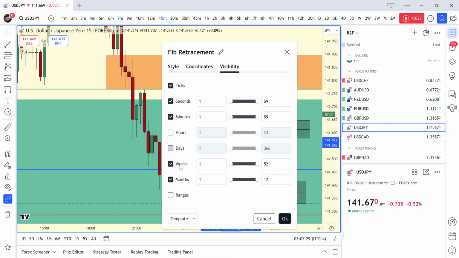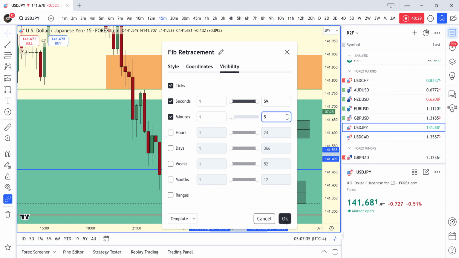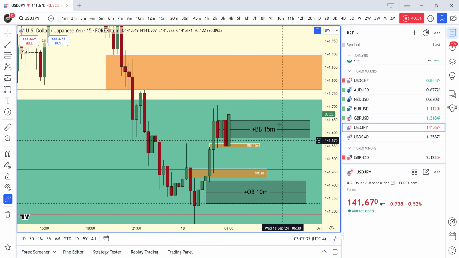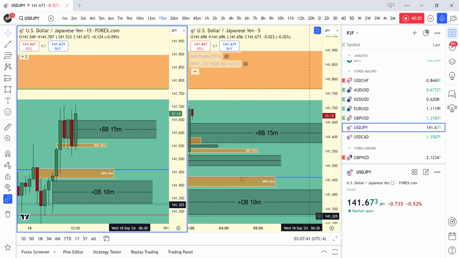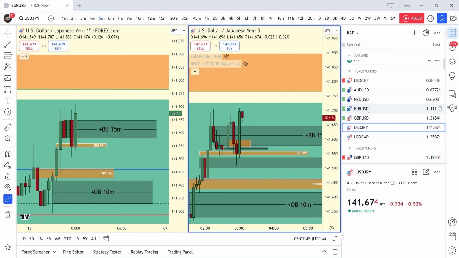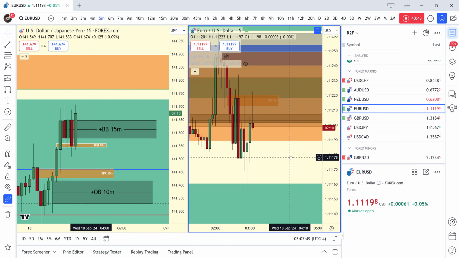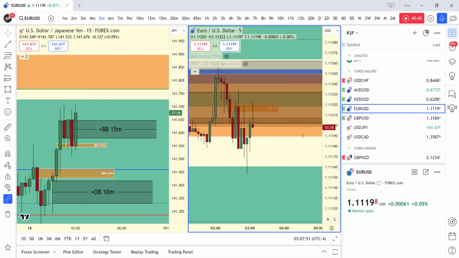I don't know what this time frame is, and I don't know what this time frame is. You can just watch two charts at the same time, maybe. Euro and this one. Look at that. Quite the rejection.